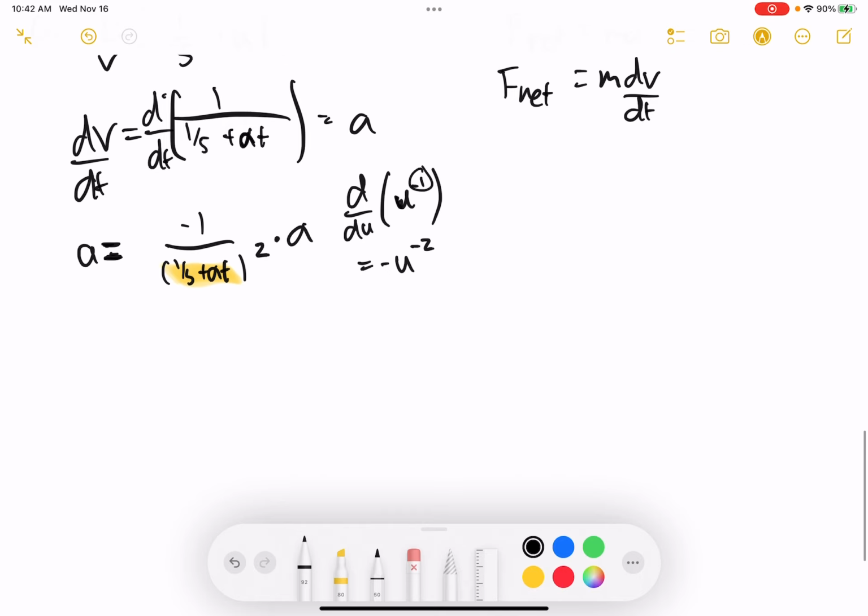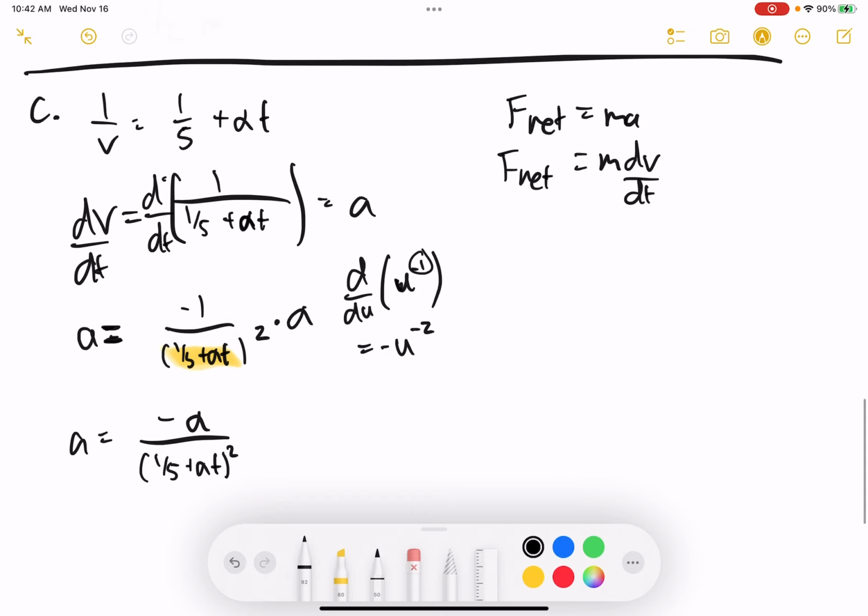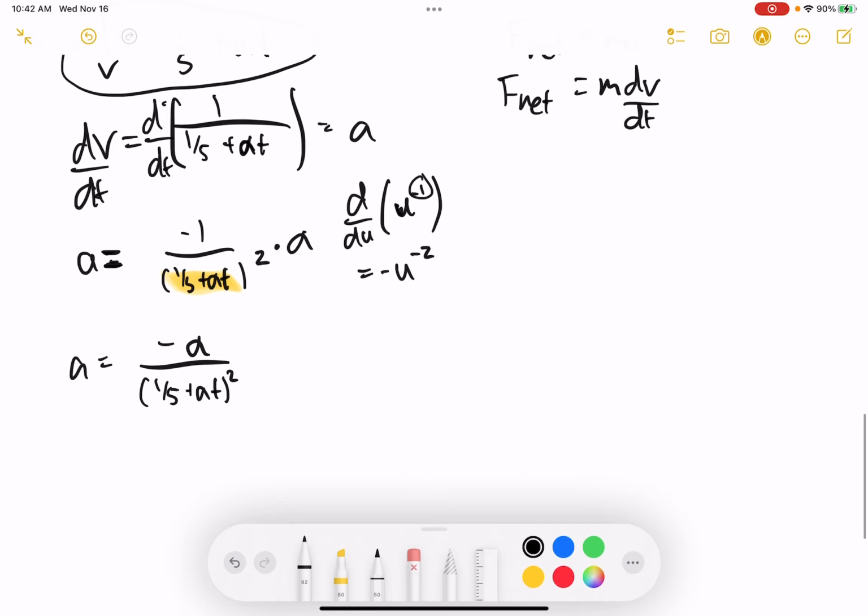So a will equal negative 1, over 1/5 plus alpha t squared, and then on top I just have an alpha. Now it wants the answer with respect to velocity, so I can't just leave t here. I need to make sure velocity is in there. Conveniently, they told us 1 over v is 1/5 plus alpha t.